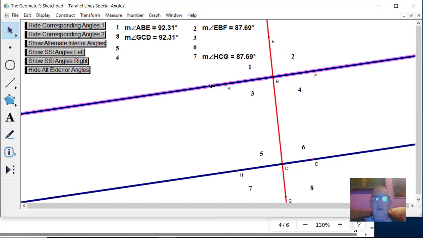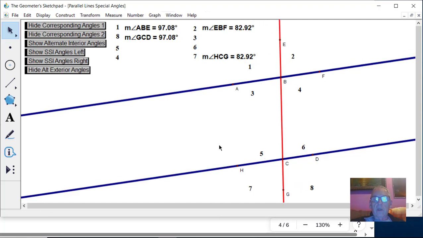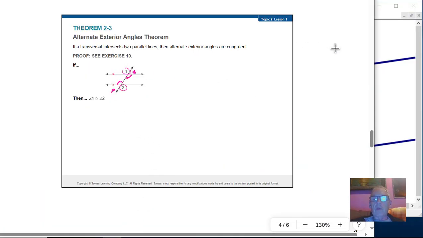So as I move the angles around and change their measures, we can see that the alternate exterior angles keep the same measures. So alternate exterior angles are congruent if you have parallel lines cut by a transversal. That's our theorem 2.3. Let's move on.